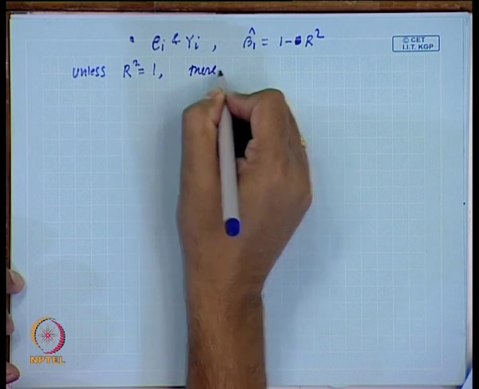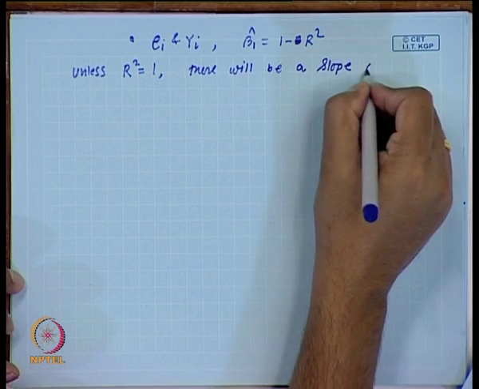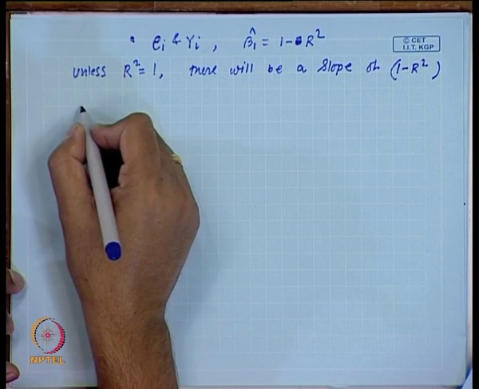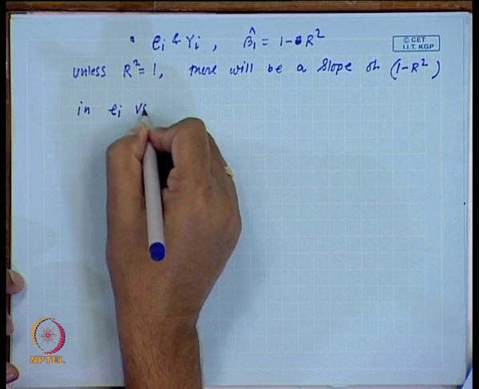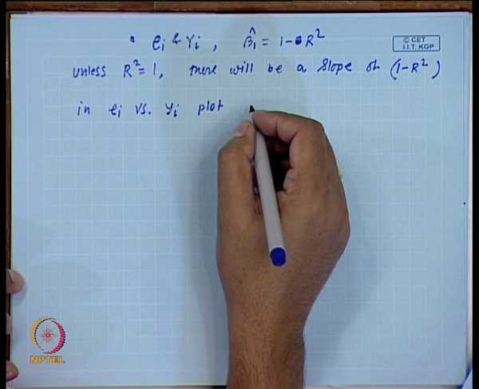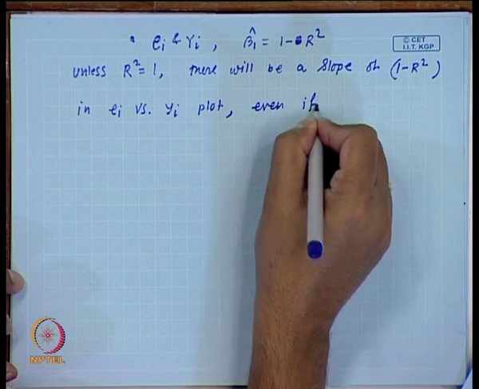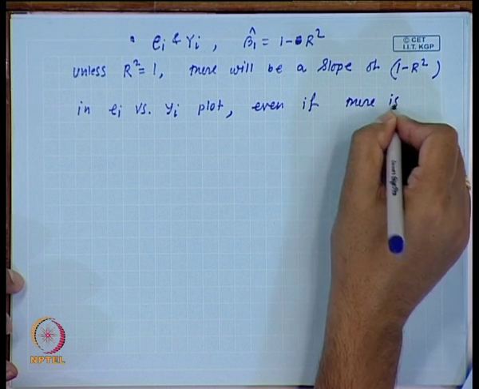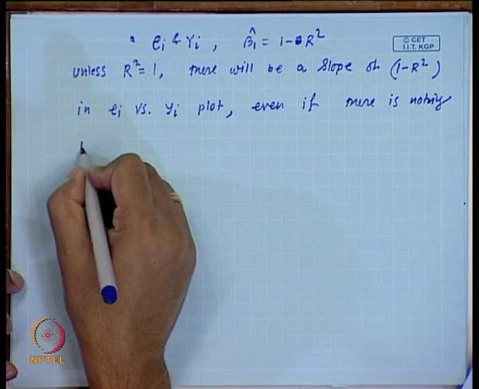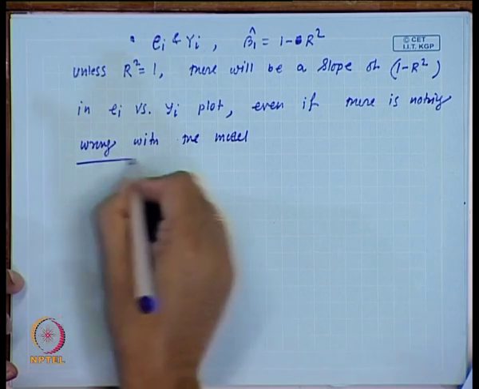There will be a slope of 1 minus r square in the E I versus y I plot, even if there is nothing wrong with the model.